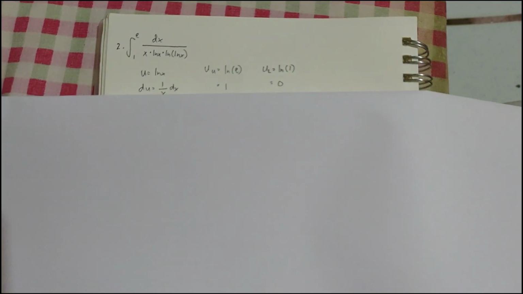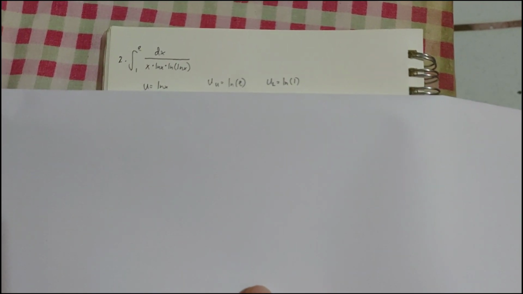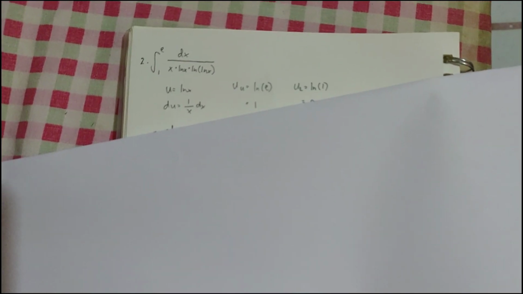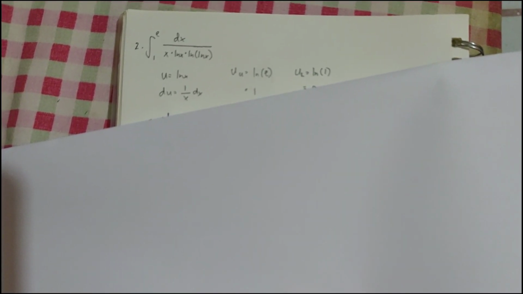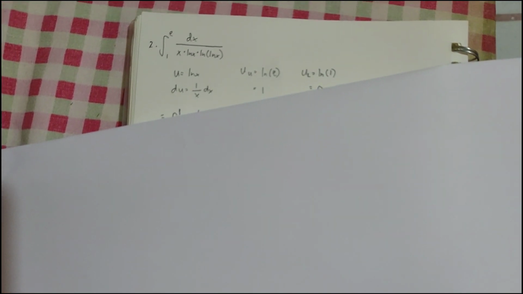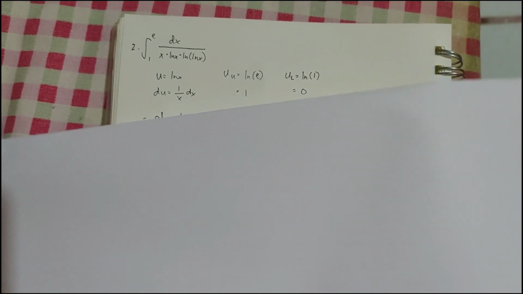Our challenge number 2 is the integral with limits from e, which is Euler's number, to 1 of dx all over x ln x times ln of ln x. First, we will use the u substitution, where our u is ln x, and the derivative of ln x is equal to 1 all over x.